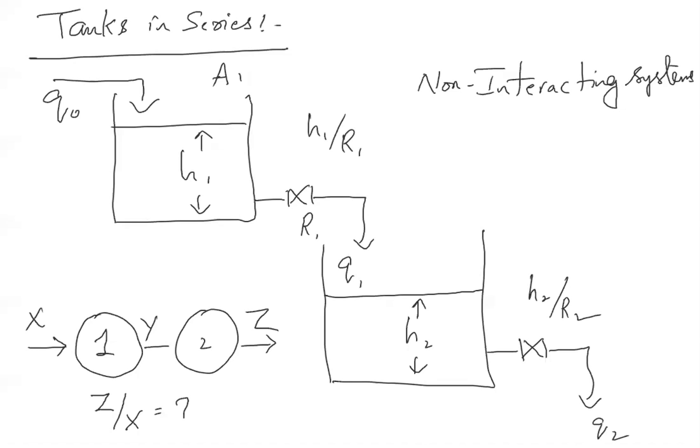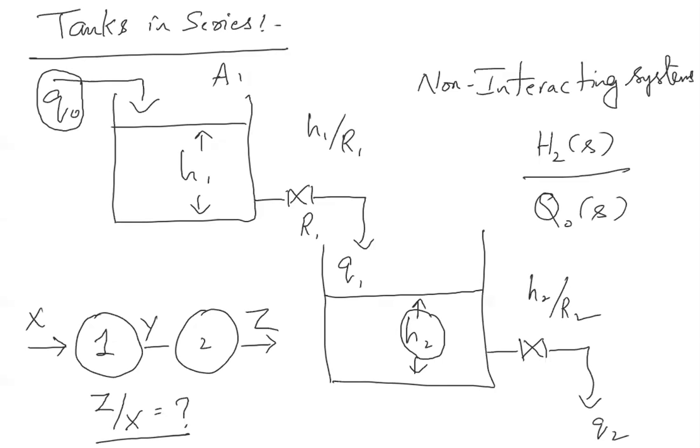Here, my question is, if you change this Q naught, how will the dynamics of H2 change? So basically, we want to derive the transfer function H2 of S by Q naught of S. Can you try to derive this transfer function?